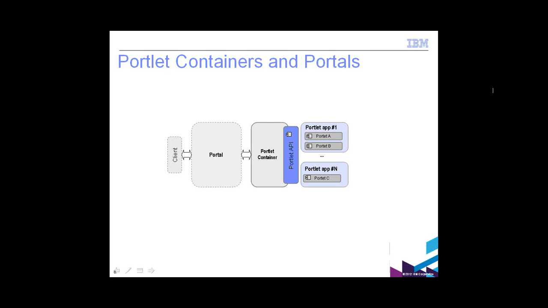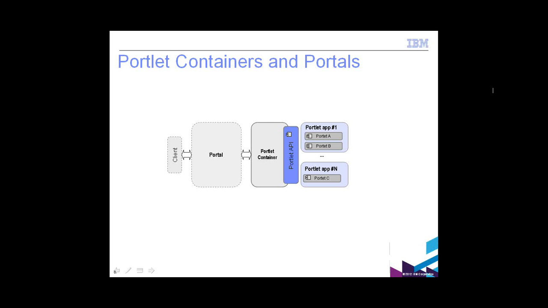So the flow of information is: the browser sends the URL, it reaches the portal, which then sends the request to the portlet container. The portlet container talks to the individual portlets. Individual portlets do the processing based on whatever the input is. They return the output, which is, mind you, HTML fragments.